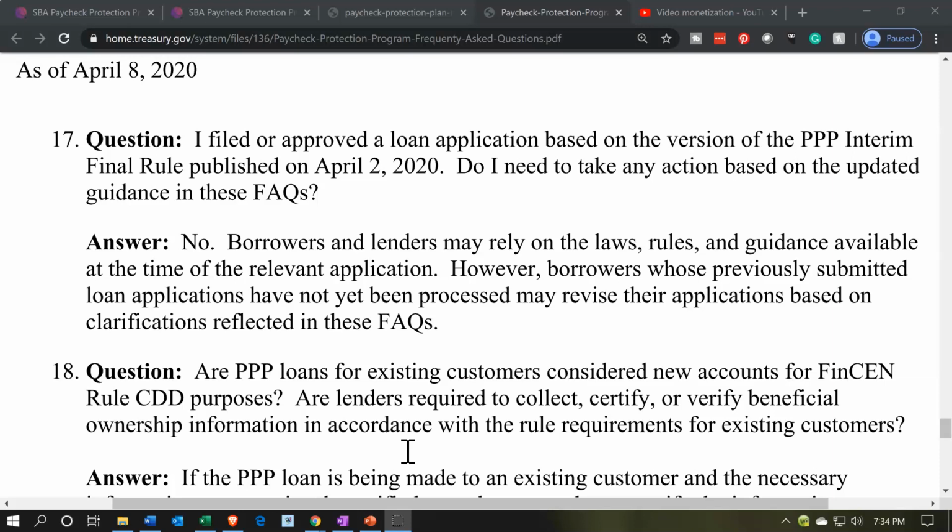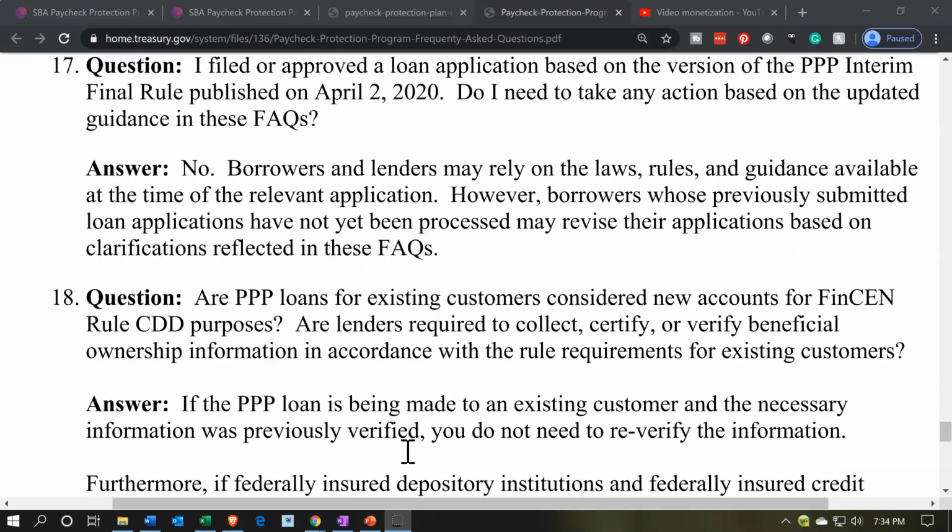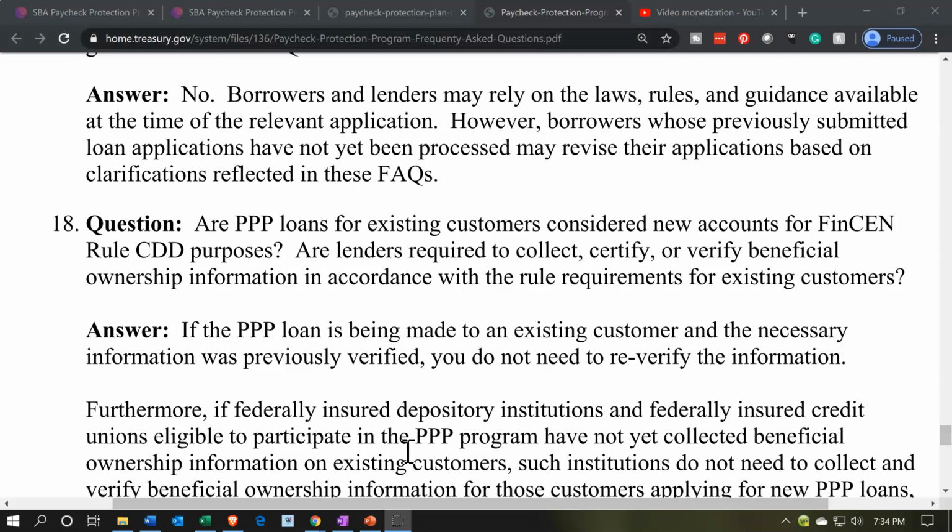However, borrowers whose previously submitted loan applications have not yet been processed may revise their application based on clarifications reflected in these FAQs. So you're going to go by the best information you have. You can revise the calculation, and that would make sense because you would think that before the loan application gets finalized, there would be some type of review process, at which point you can make revisions or possibly adjust the application.